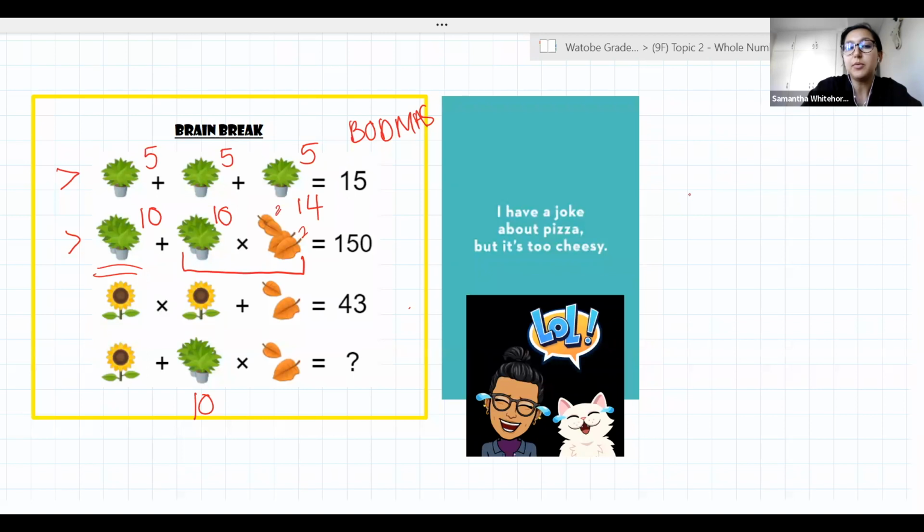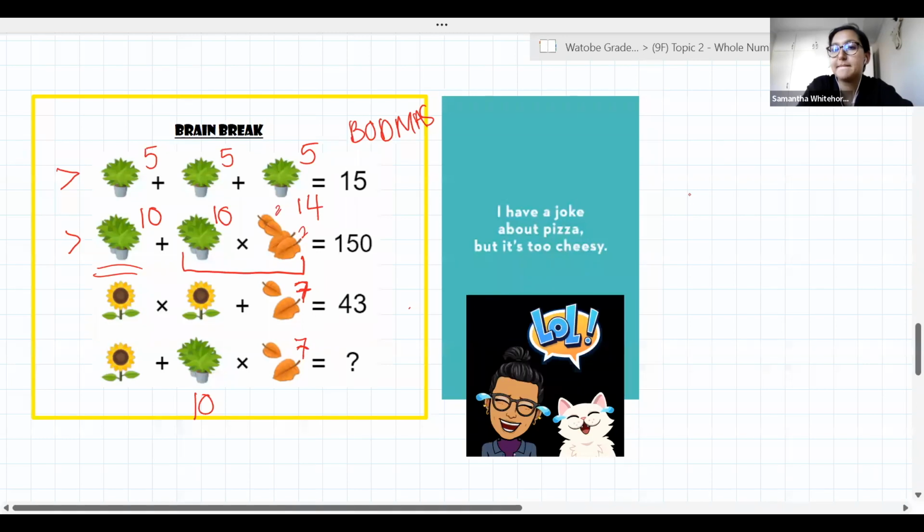So if the double leaves are 14, the single leaves must be 7. Okay. So do you want to try again? You don't have to. I can ask someone else. Yes, please, ma'am. Okay. Right. So guys, you needed to take note of those leaves there.